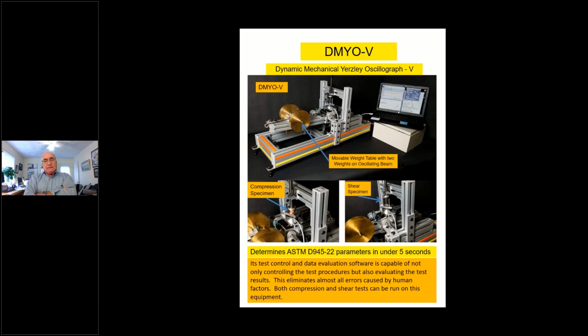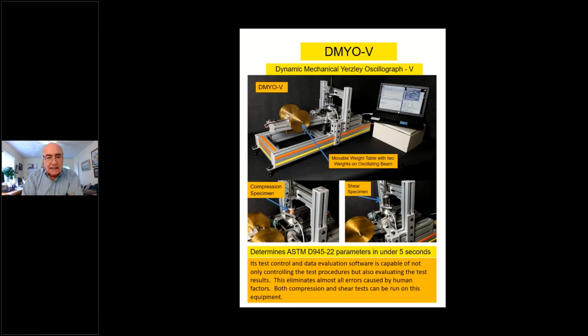In other words, if the sample has high delta or loss angle, that can take a little longer, maybe 5-6 seconds. If it is an elastic product, within 3 seconds, 2 seconds, we obtain the natural frequency and all the parameters of that particular sample.